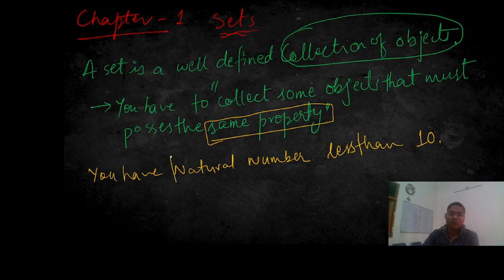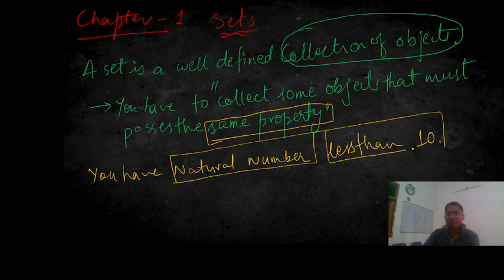So the property is that the object you select must be a natural number and must also be less than 10. So you can write natural numbers starting with 1: 1, 2, 3, 4, 5, 6, 7, 8, 9. Why are you not going to write the 10? Because it's already saying that it must be less than 10.